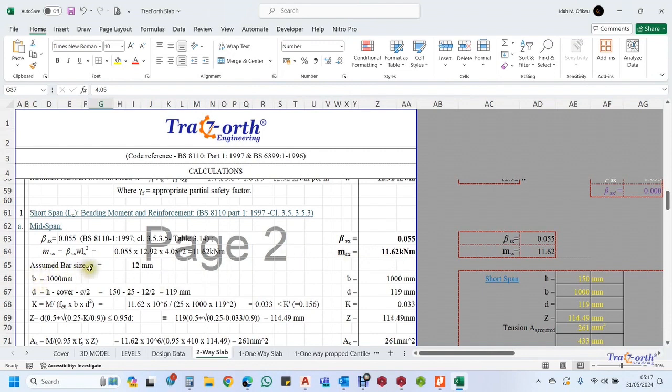So the next thing is to assume our diameter. You can even start from 10, but the codes in some places also specify the minimum you can use. I think Y10 is actually acceptable, but in this part of the world, I will recommend you don't go below Y12 for some obvious reasons, except where you are sure of the mechanical properties of the materials and you are sure they will meet the minimum requirement.